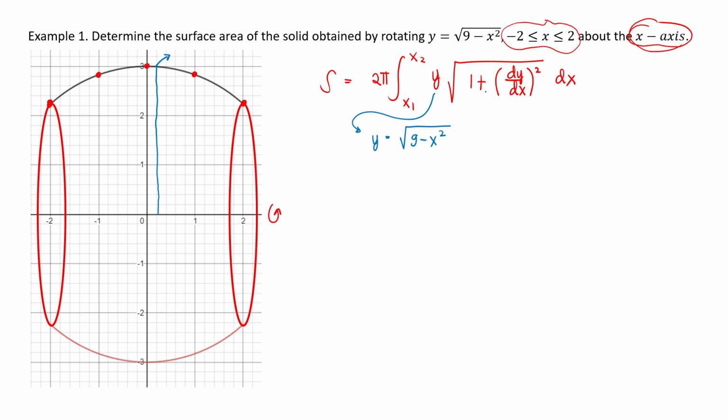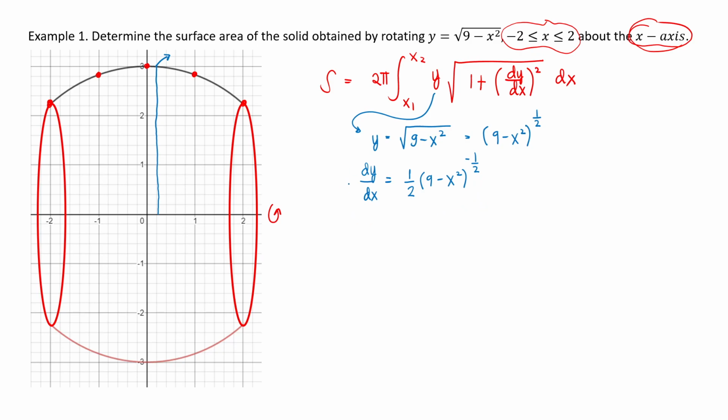So what's left for us to determine is dy over dx squared. So dy over dx, in exponential form, is 9 minus x squared to the power of 1/2. Bringing down 1/2, and then 9 minus x squared to the power of negative 1/2. That will be the equation for dy over dx.